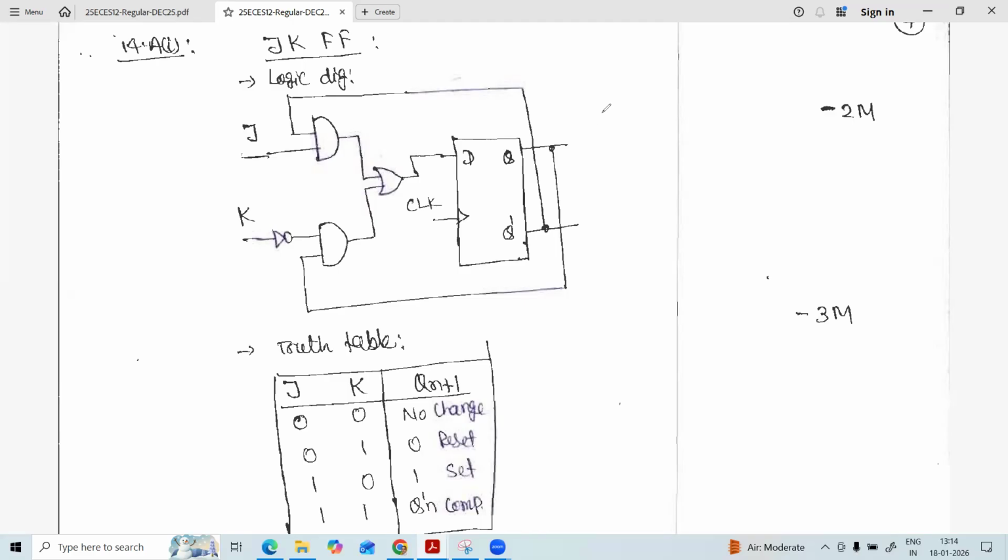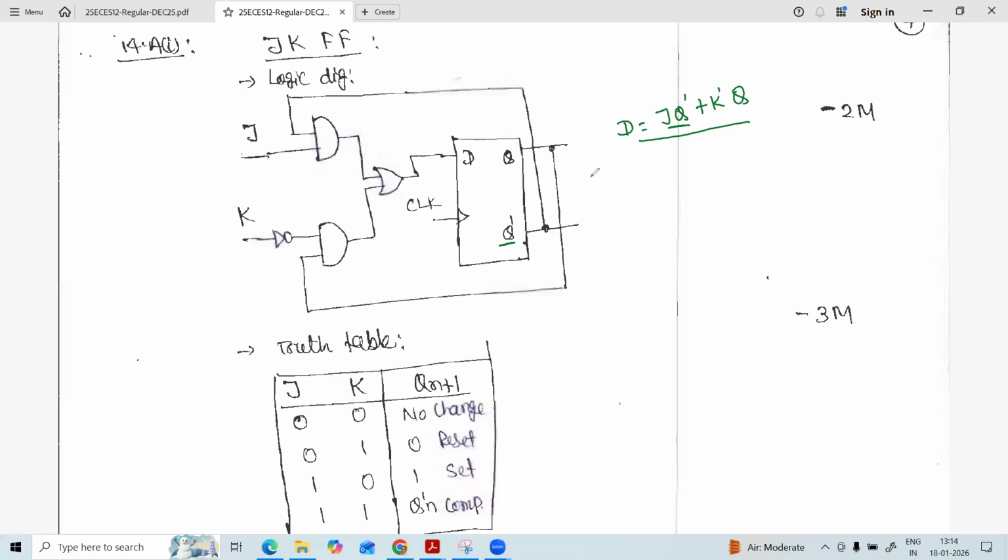In general, if you have the conversion table in mind, the D expression is going to become J Q dash plus K dash Q. On that basis, one AND gate is required, with inputs J and Q bar or Q dash.